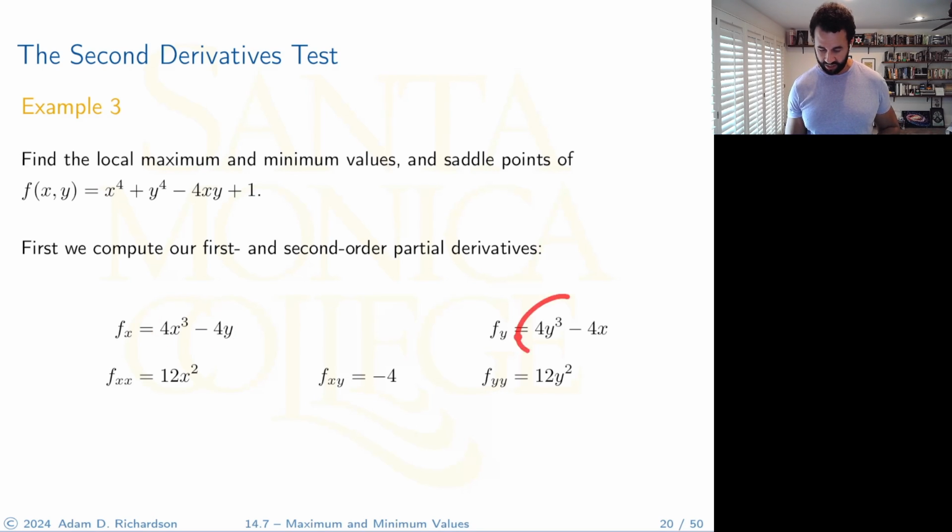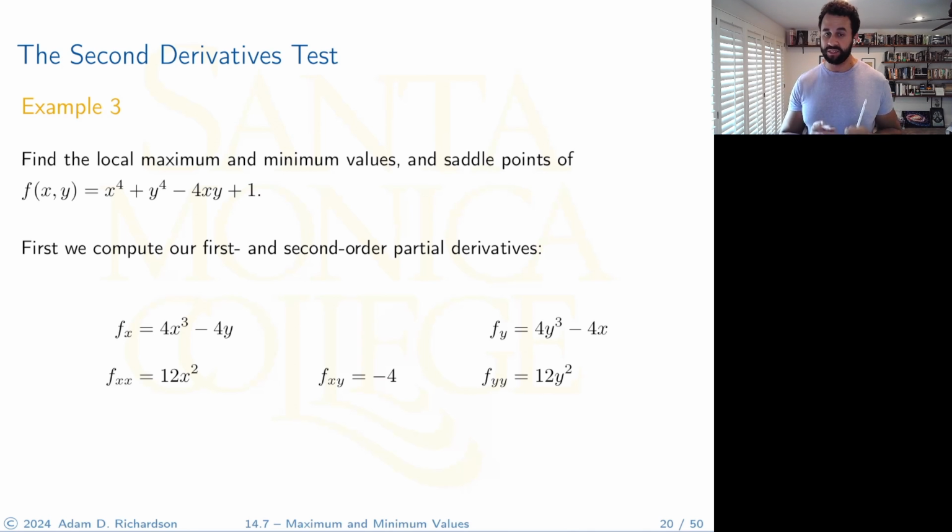Partial with respect to y is here. Second partial with respect to x. Second partial with respect to y. And these mixed ones are going to be the same since they're continuous. So if you differentiate with respect to y and then x, they're going to be equal, and you get that. Now we have all of our first and second order partial derivatives.